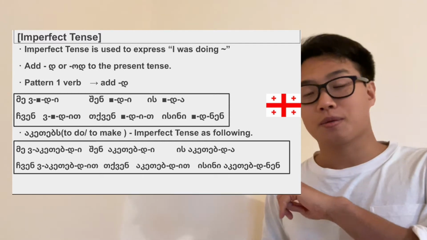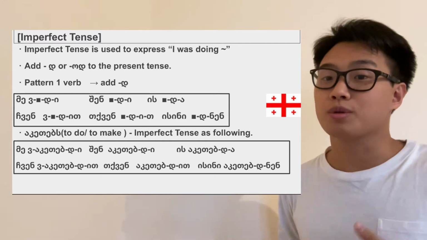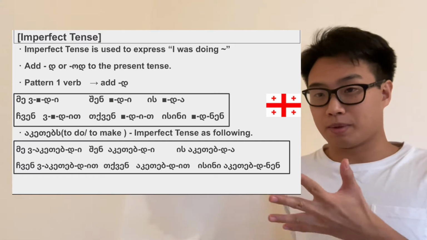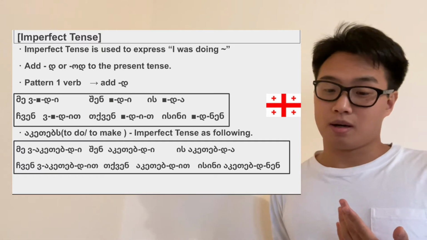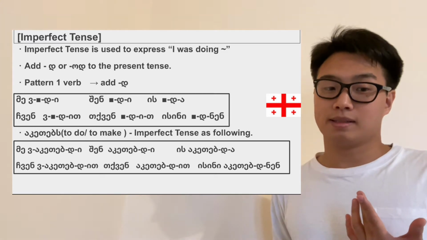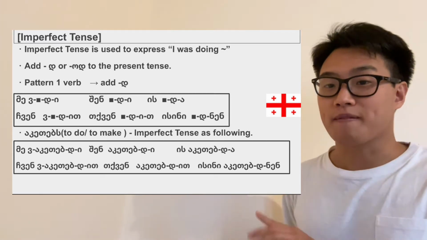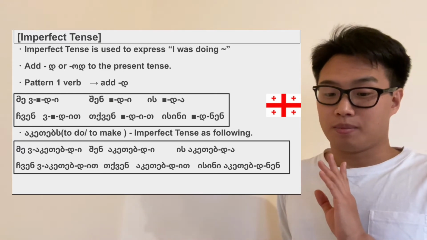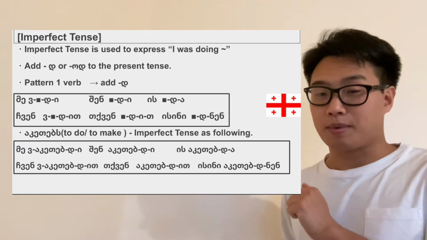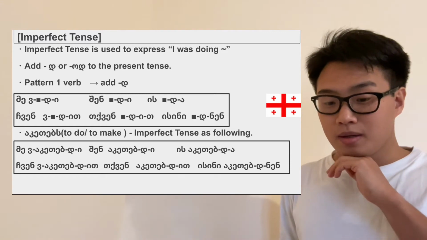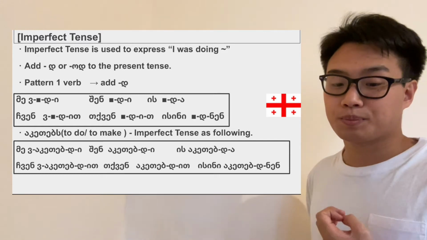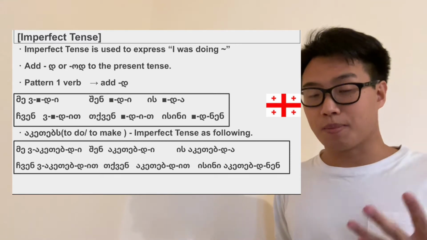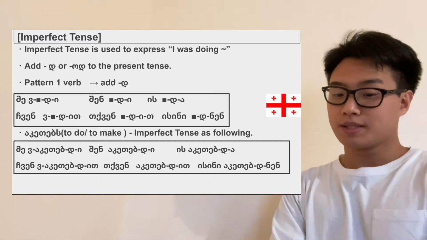And as for the pattern 3 verbal conjugation, we are going to study about that later on. It's technically similar to pattern 1 verbal conjugation, but sometimes it can be different. But let's take a look at the pattern 1 verbal conjugation imperfect tense. Okay, so it's very easy.